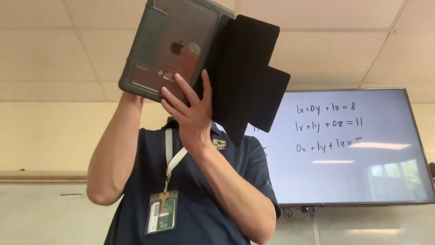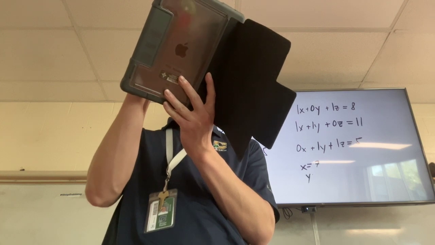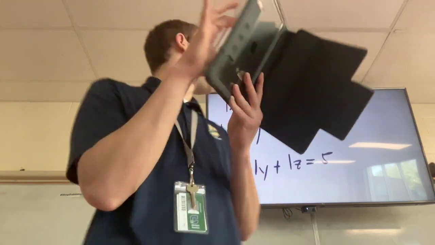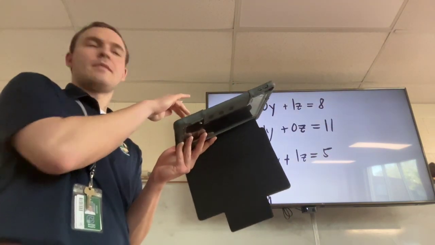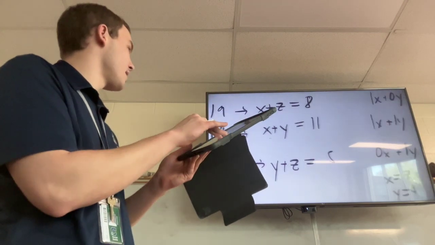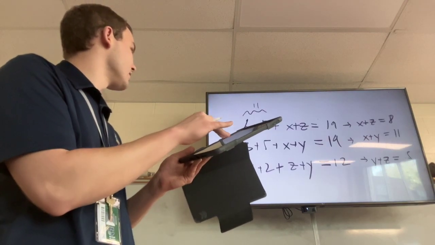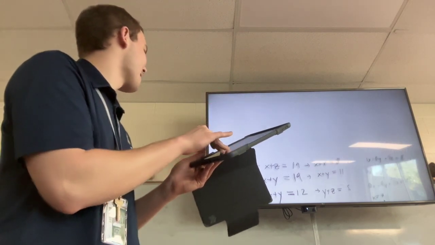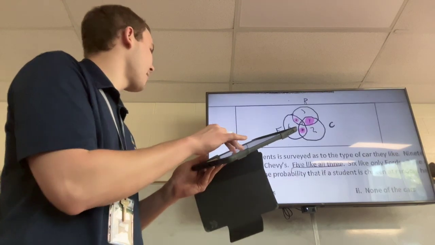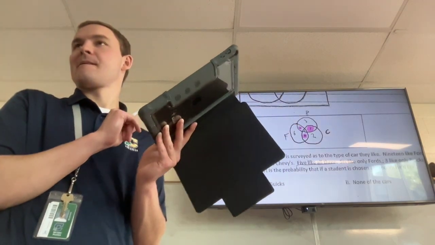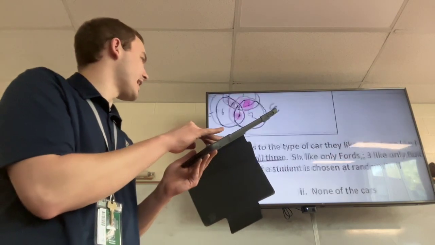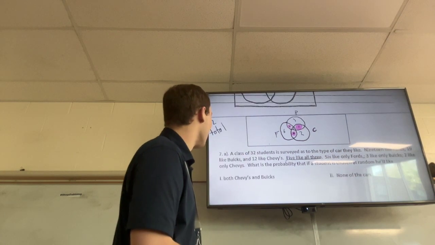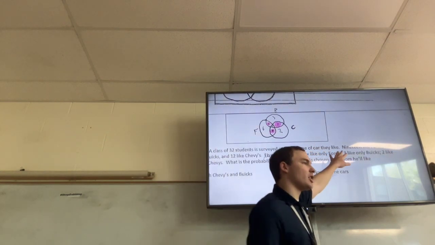How did you get that? The matrix I put in my calculator is this system. Are you asking where I got this system? The first line: how many total students like Fords? 19.